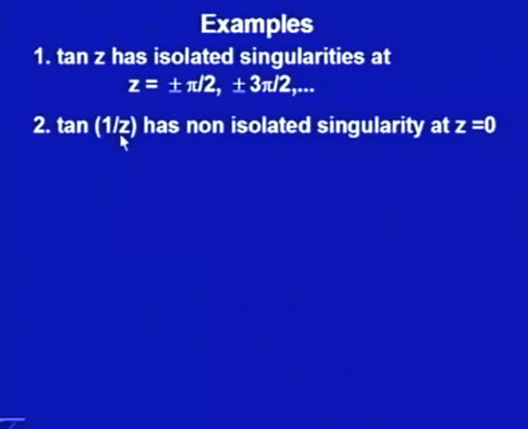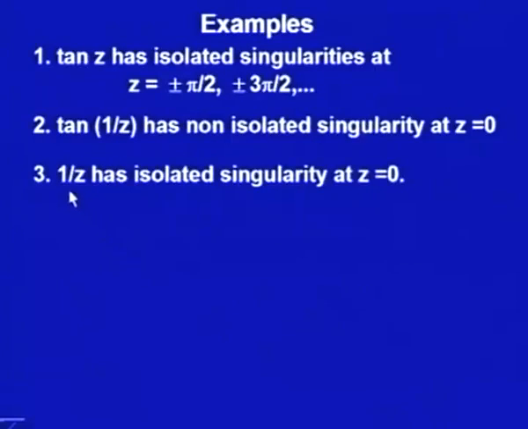So I could always find many points in a small neighborhood of 0 such that tan(1/z) is not analytic at those points, or tan(1/z) has singularities at those points. So tan(1/z) has a non-isolated singularity at z equal to 0.